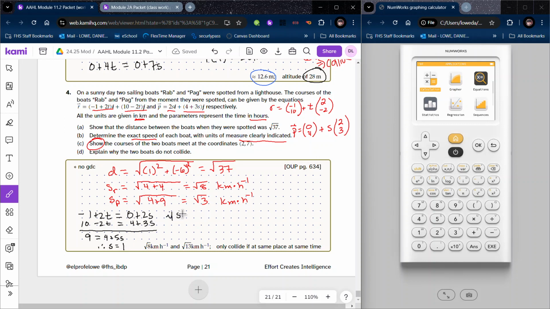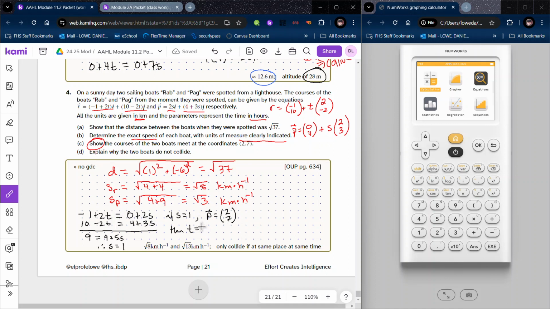Right? And if s is equal to 1, then the Padge ends up at the position 2, 7. And if s is equal to 1, we have 2 times s is negative 1 plus 2t. So we know that t would be equal to, 2 times s is 2, so plus 1, that's 3.